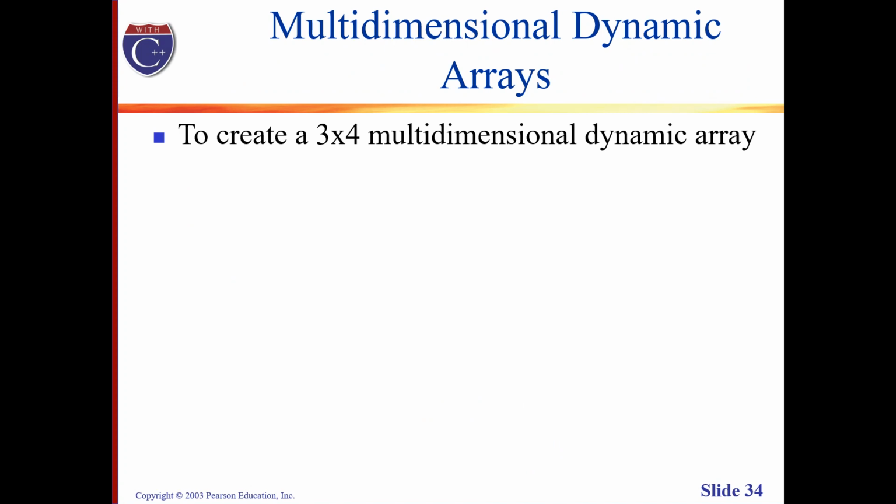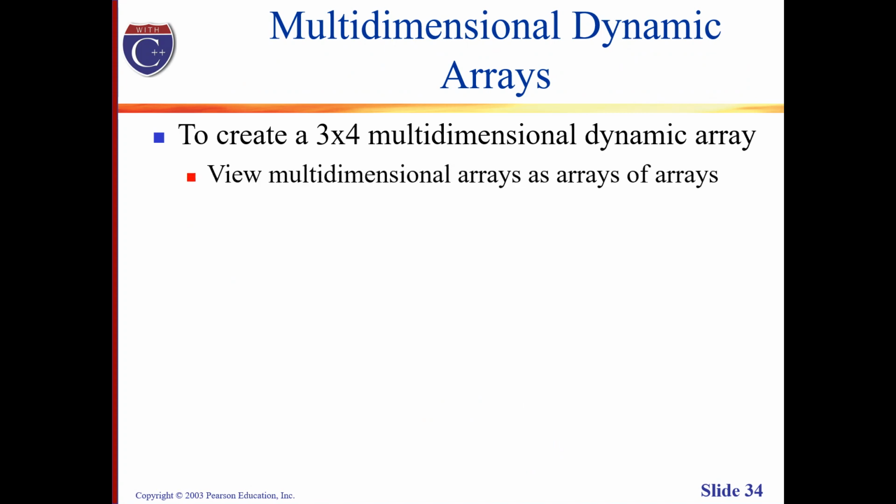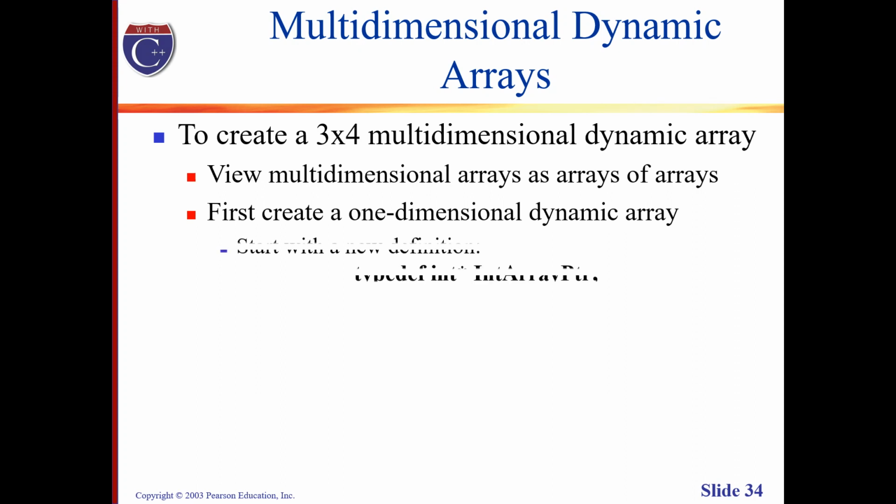For instance, we would like to create a 3 by 4 multi-dimensional dynamic array. We can look at multi-dimensional arrays as arrays of arrays. First, we need to create a one-dimensional dynamic array. We can do that with the following.